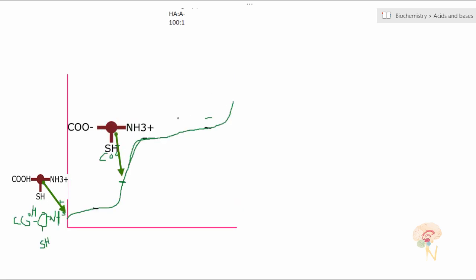Here it will have COO minus, NH2, SH, and here it will have COO all minuses, all deprotonated.